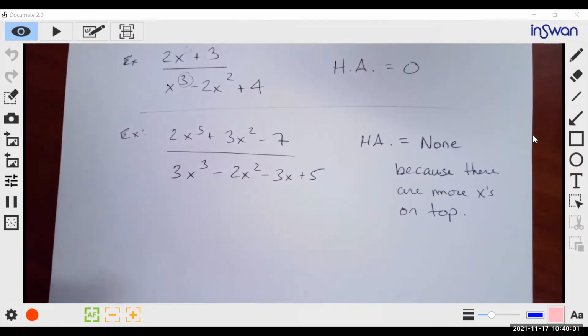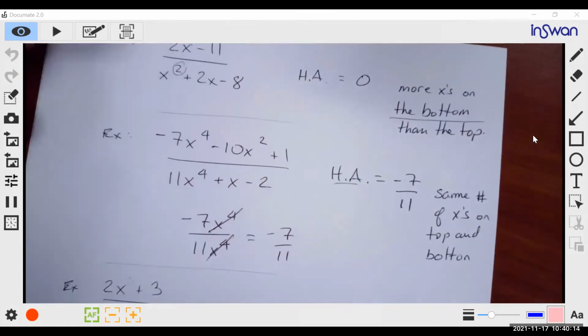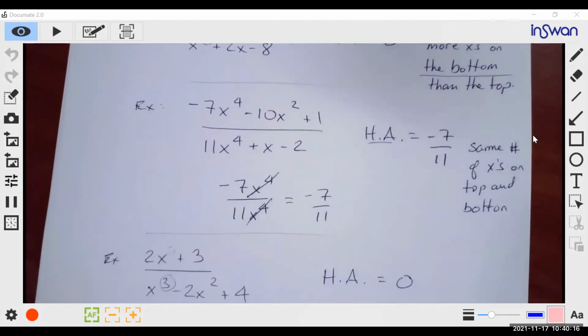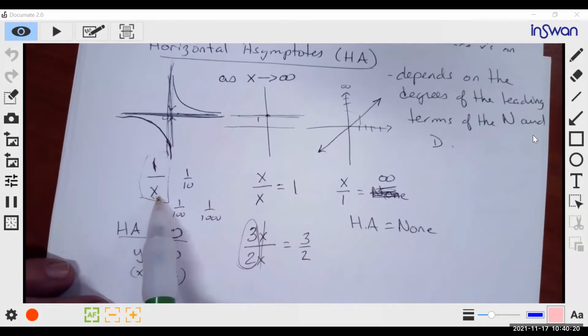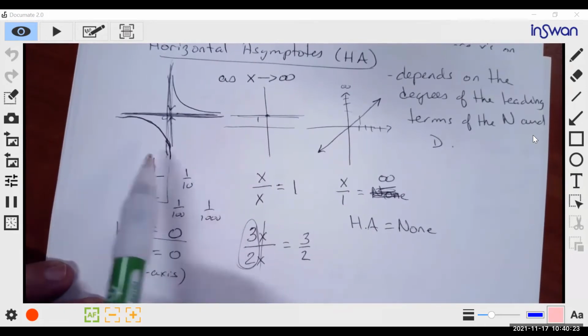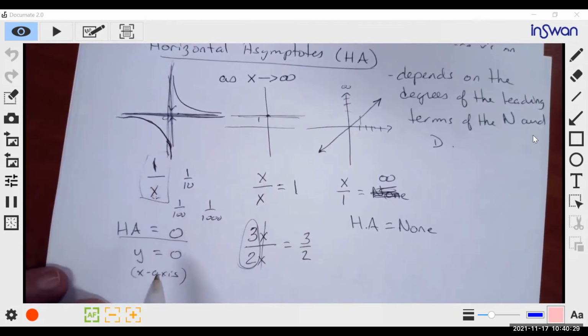So you're okay with horizontals and verticals so far? I mean, the rules are pretty safe. The vertical, look at the bottom, set equals 0. The horizontal, like I said earlier, just look at the leading terms. If you have more x's on the bottom, then as x gets bigger, the numbers get smaller. So it gets close to 0. So that's why it's 0.